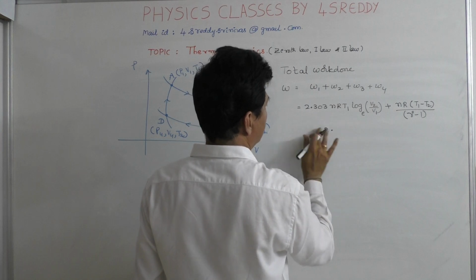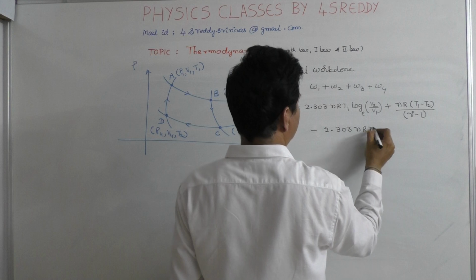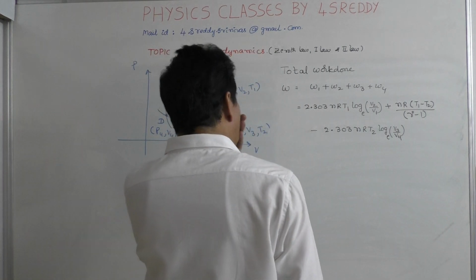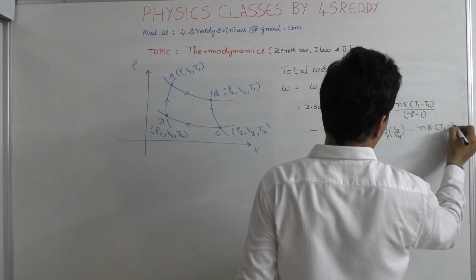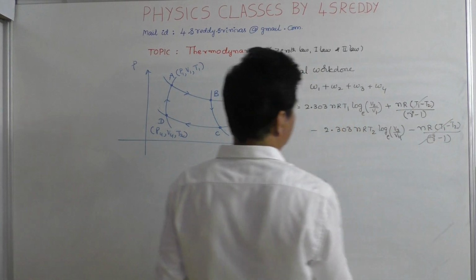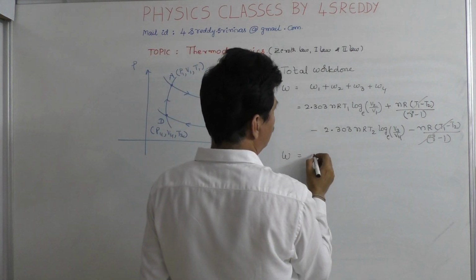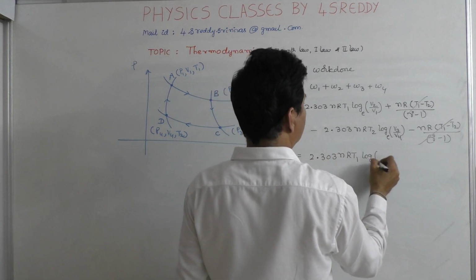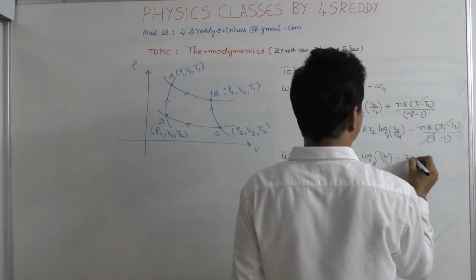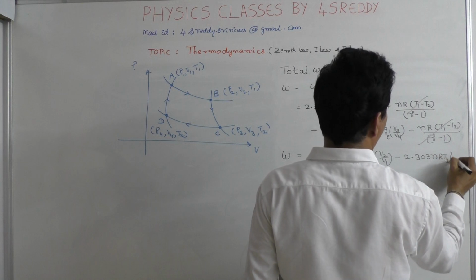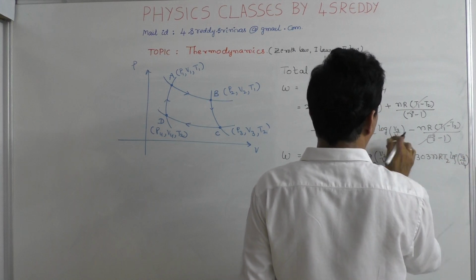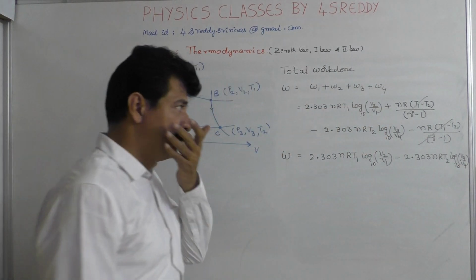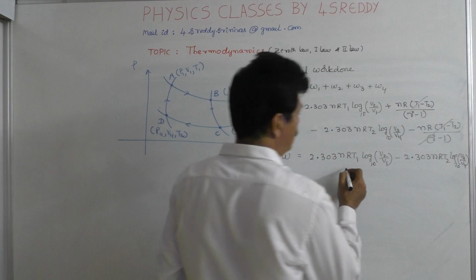These two get cancelled. Therefore W is equal to 2.303 nRT1 log of V2 by V1 minus 2.303 nRT2 log of V3 by V4, to the base 10.